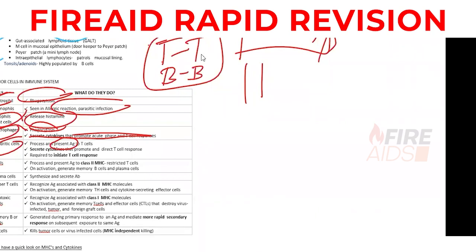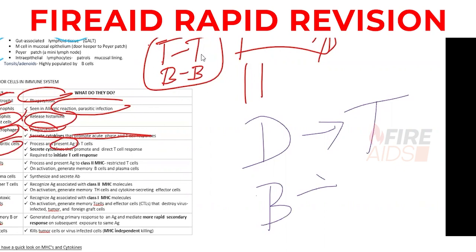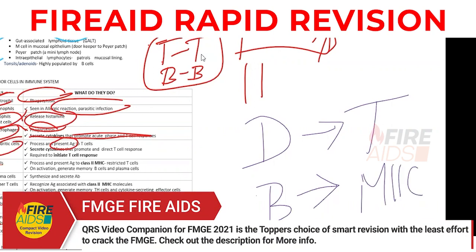So you must know, dendritic cells present the antigen to T cells. B cells present the antigen to MHC type 2 restricted T cells.